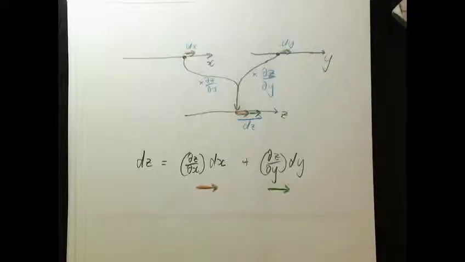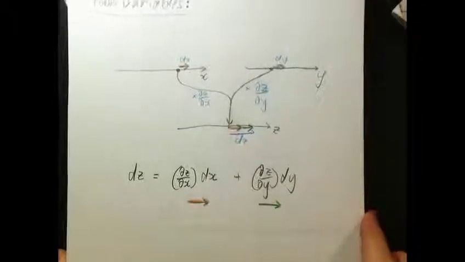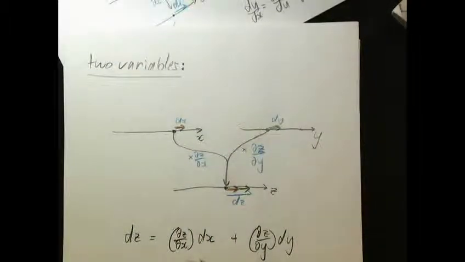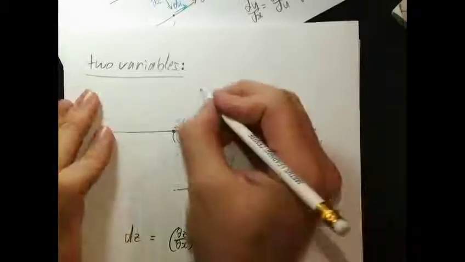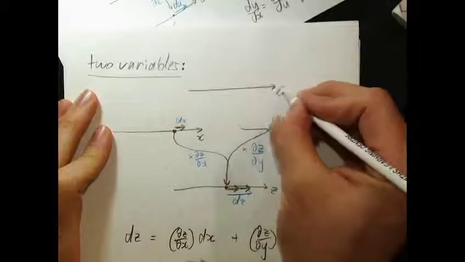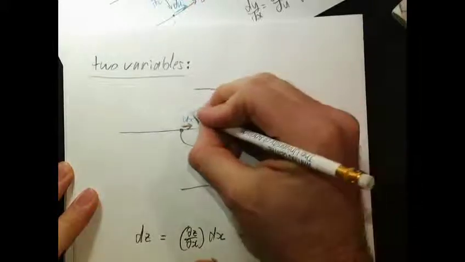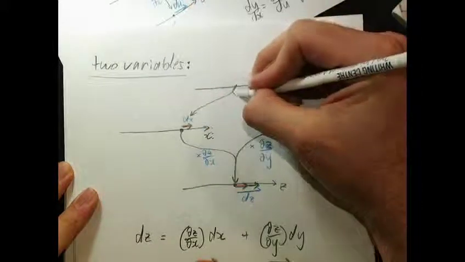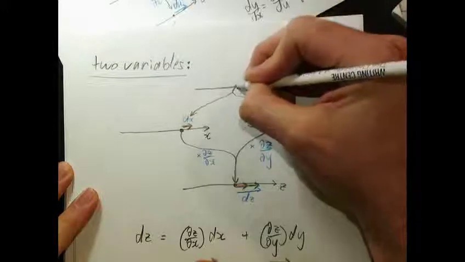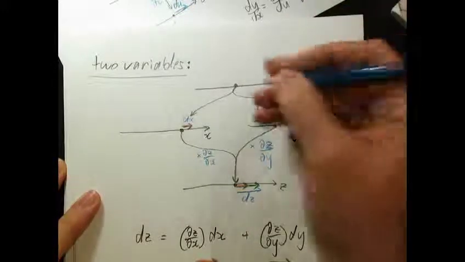All right, now here's what I add to the picture. What if the x and the y weren't just moving independently as I wanted them? What if they were both being caused to change by another variable? What if there was a variable t that dictated what x and y were, and there was a little change in t?